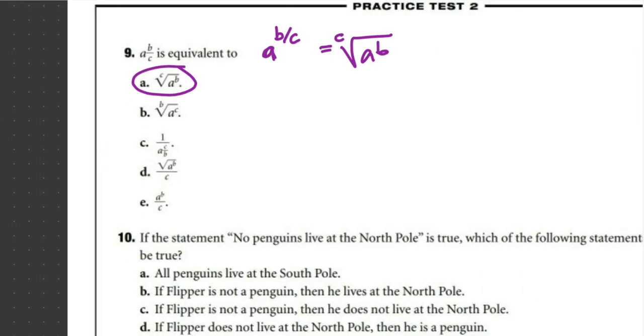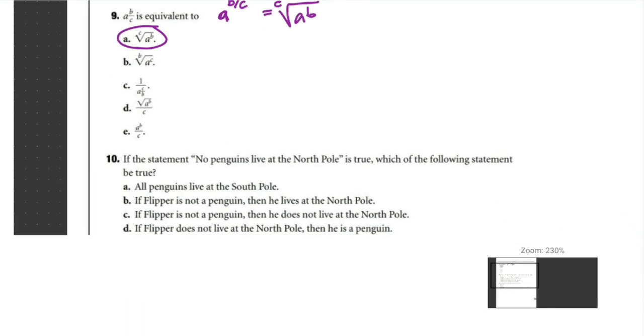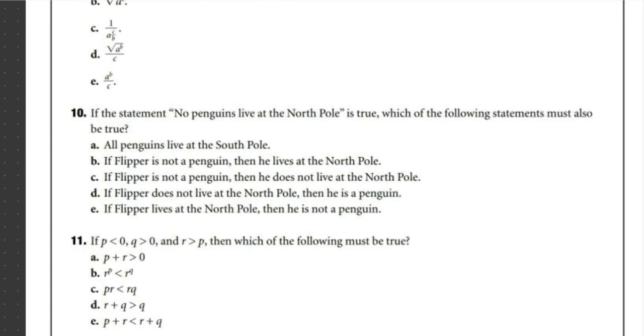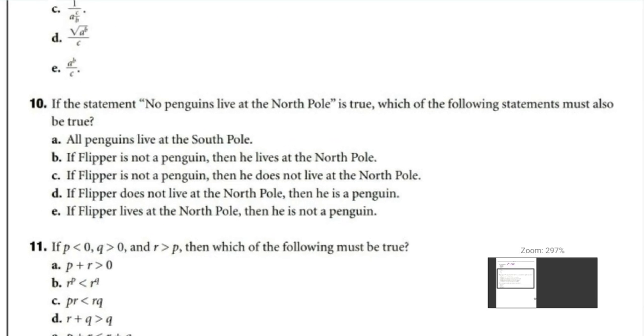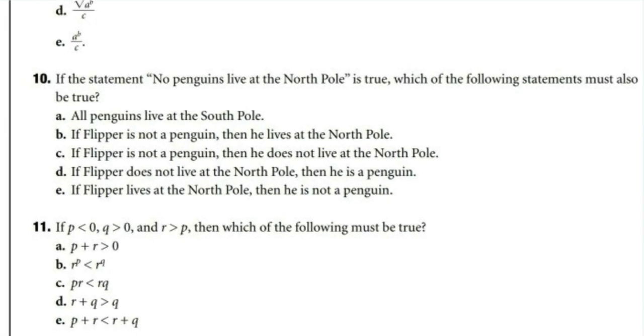Okay, then for number 10, it's logical reasoning. If the statement no penguins live at the North Pole is true, which of the following statements must also be true? So no penguins at the North Pole.